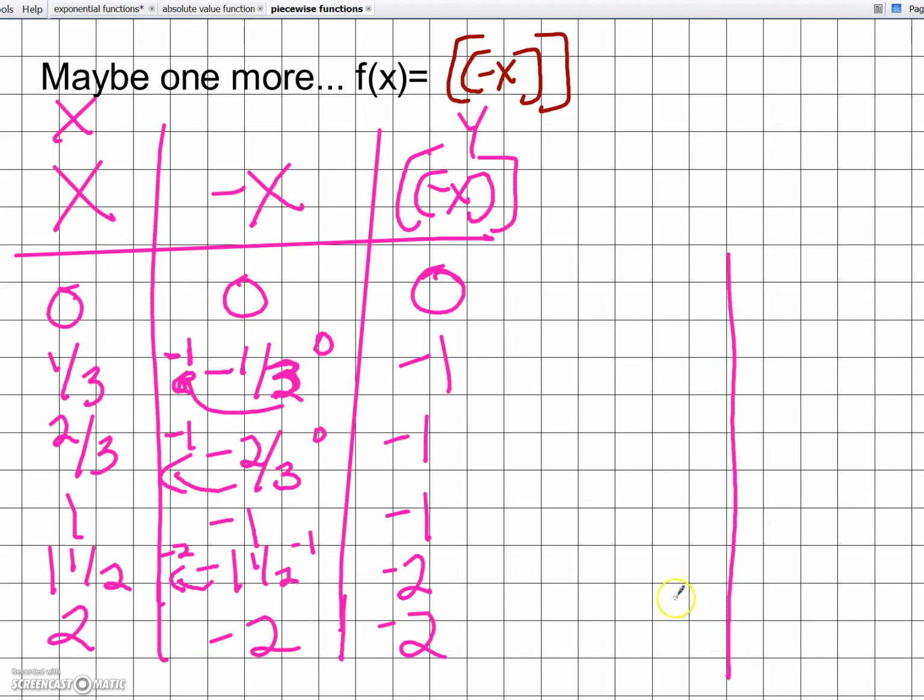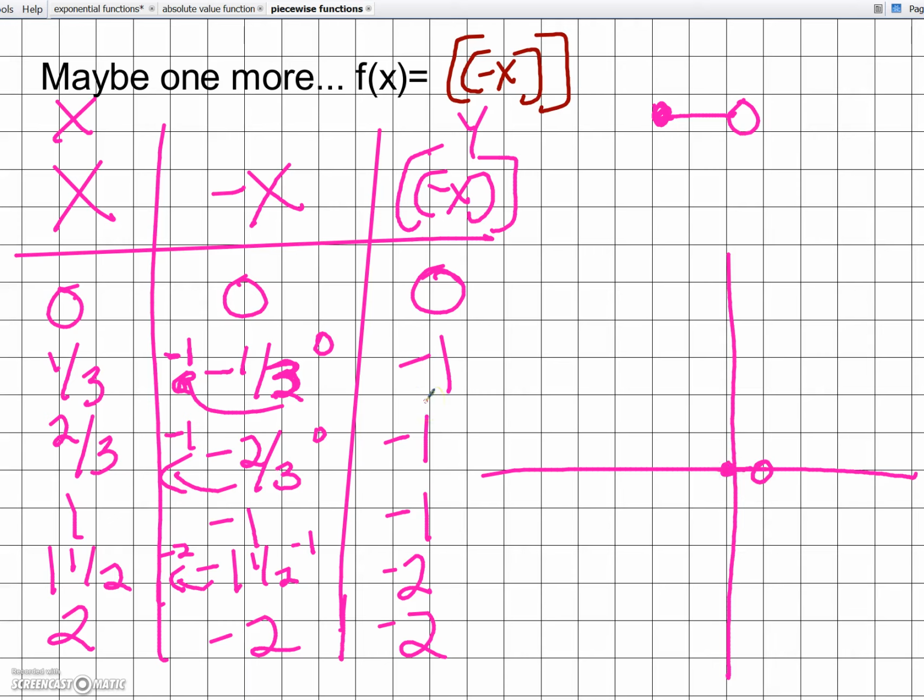So what would this look like graphed? Remember, our first one is solid going to an open one. We have 0, 0, so what that would look like is just a dot here. Anything from 0 to 1 would work.